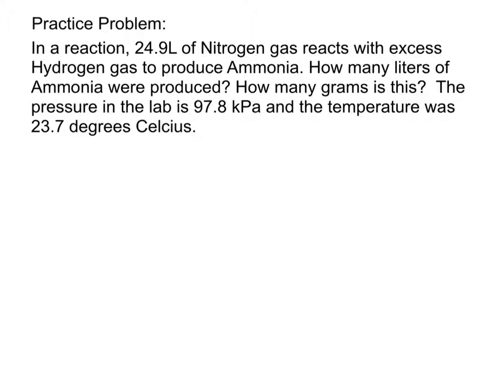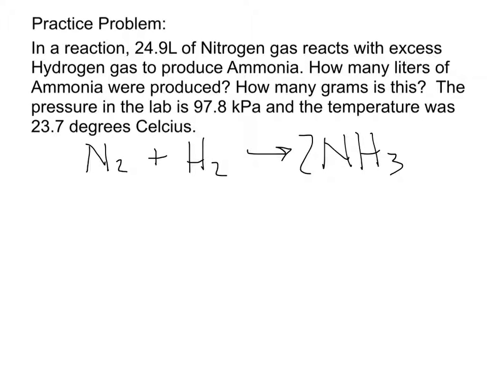So step 1. Create a balanced chemical equation. So we have nitrogen gas, and we've got hydrogen gas, and we're going to create ammonia. Now we balance our chemical equation, and we start to solve our problem.